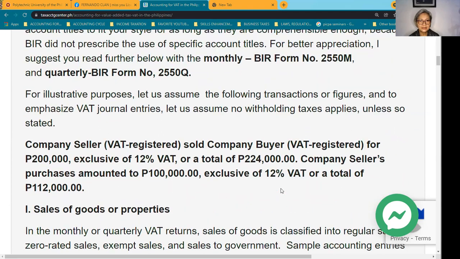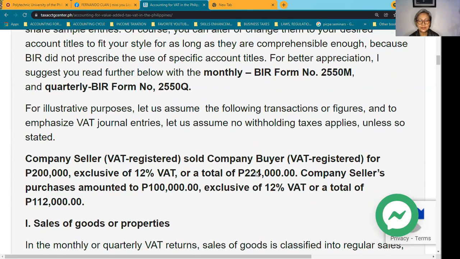For illustrative purposes, let us assume the following transactions or figures to emphasize VAT journal entries. Let us assume no withholding taxes apply. Ang ibig sabihin, walang sales to government.